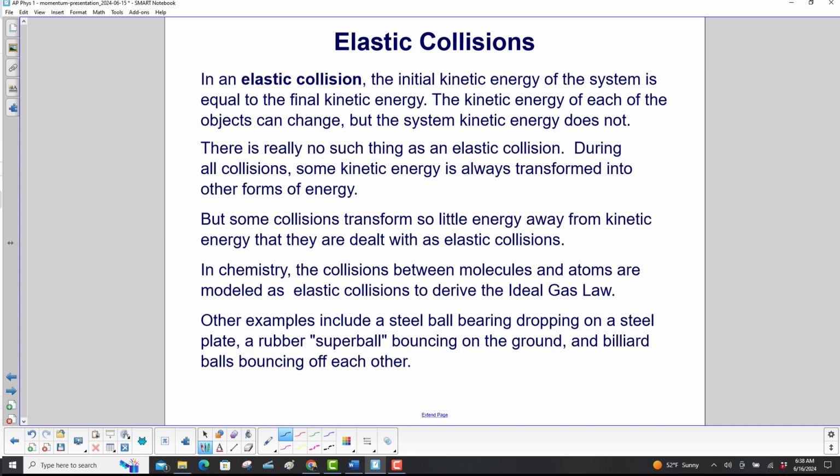But some collisions transform so little energy away from kinetic energy that they are dealt with as elastic collisions. In chemistry, the collisions between molecules and atoms are modeled as elastic collisions to derive the ideal gas law. Other examples include a steel ball bearing dropped on a steel plate, a rubber super ball bouncing on the ground, and billiard balls bouncing off each other.